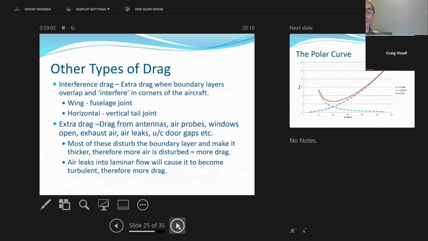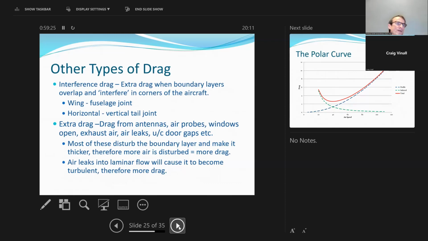So we get some other types of drag we can encounter. One's interference drag. That's normally where you get surfaces coming together, so the wing joining onto the fuselage, the tailplane joining onto the fin. And that's where you get the boundary layers overlapping, so you get the air being slowed down by more than one surface.